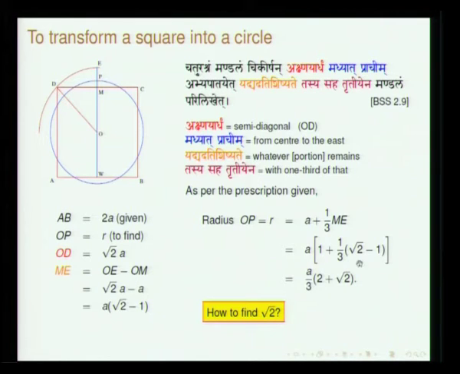The sutra said one third of this has to be added, which is basically PM. So, PM is one third of this. What it amounts to is the radius is A by 3 of 2 plus root 2, where half the side is A. This is the prescription given in Bodhayana Shulva Sutra for transforming a square into a circle. How accurate it is, let us see a little later.